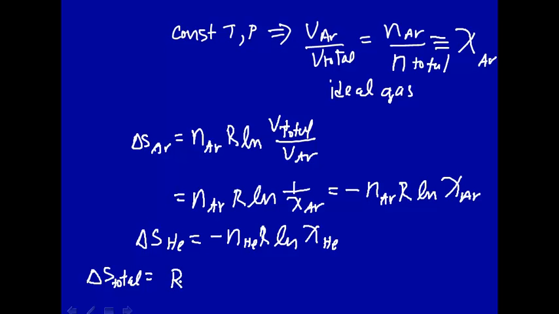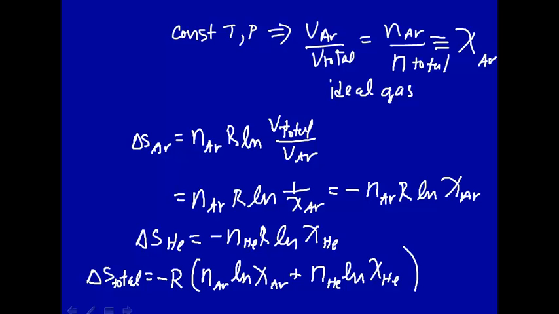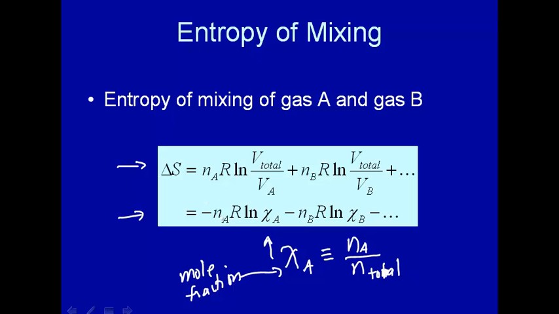This would be minus R times the number of moles of argon times the natural log of the mole fraction of argon plus the number of moles of helium times the natural log of the mole fraction of helium. All right, so this is another way to write the expression of the total entropy change, and that's what this one is here.